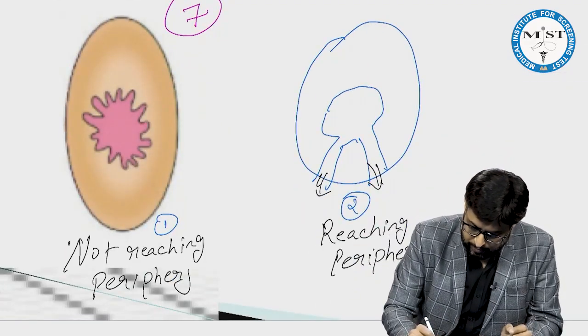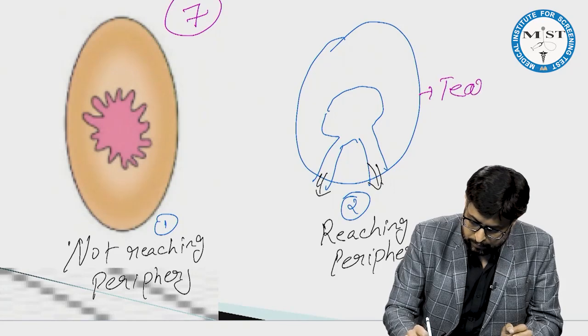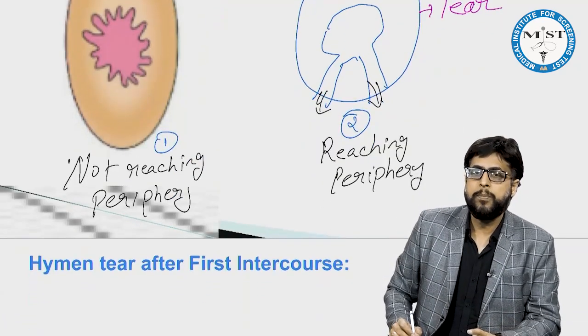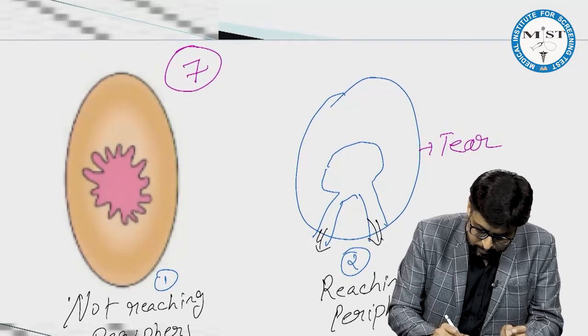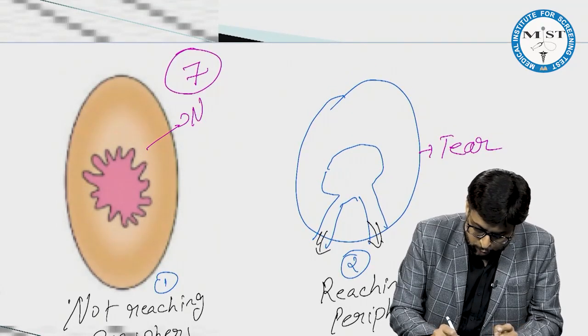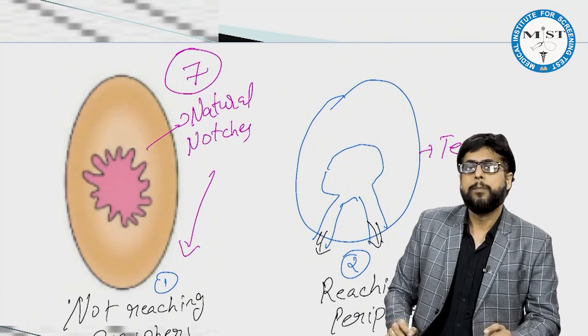So this is a tear. Tears reach till the periphery, whereas these are the natural notches. They don't reach the periphery.